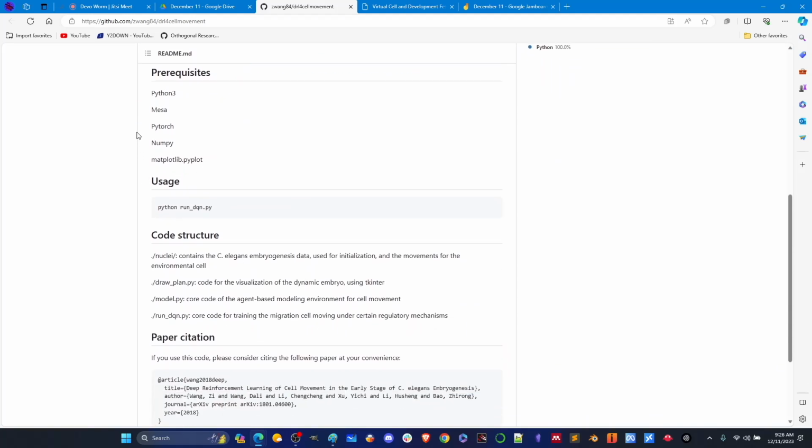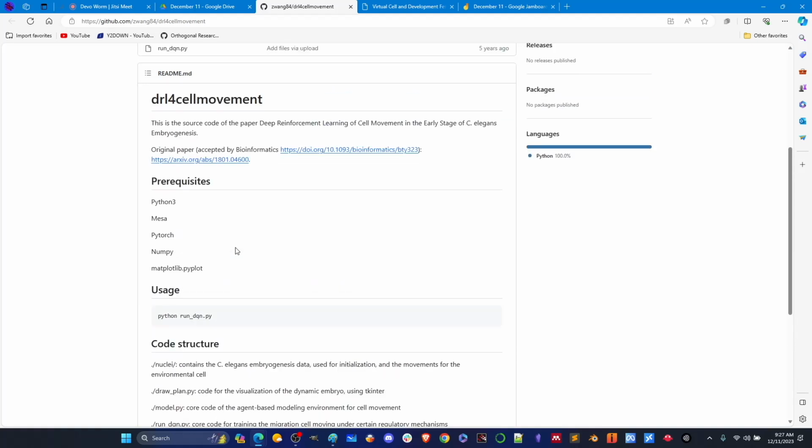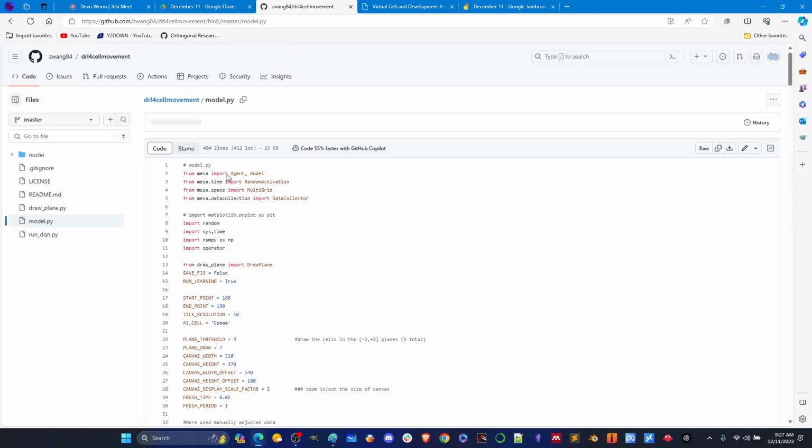You use PyPlot, PyTorch, NumPy, Mesa, and Python 3. So they're running this on Mesa, and it tells you how to use it and install it. So that's the repo. You have the model and then the run.dqn file. This is the Mesa model.